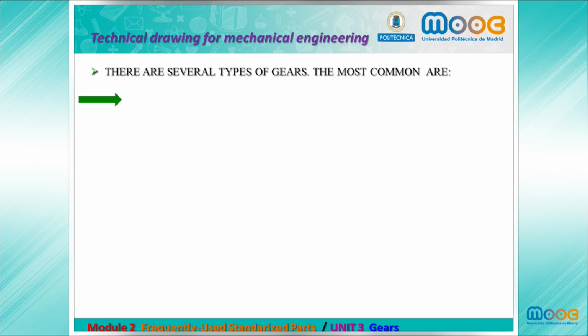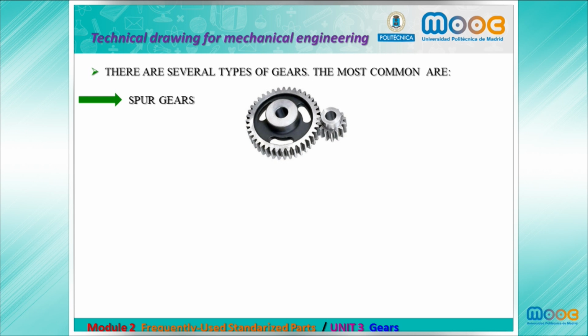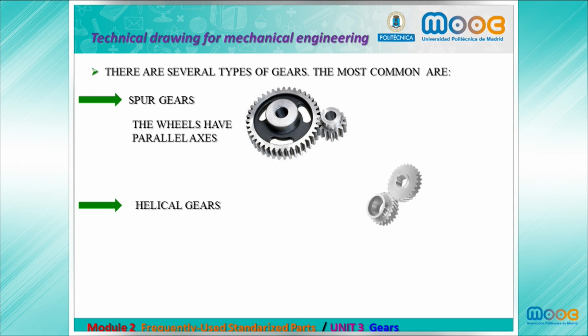There are several types of gears. The most common are the spur gears. The wheels have parallel axes, and as you can see, the teeth are parallel to the wheel axis.